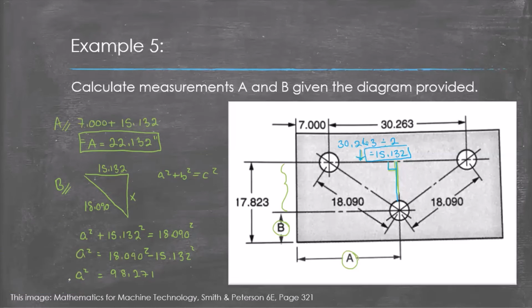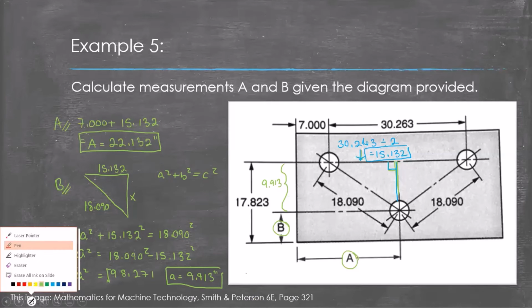And then we'll take our square root. And x is equal to 9.913 inches. Inches in gives us inches out. So this height we can say is 9.913. Well, now we can calculate B. In order to calculate B, I'm just going to write it here on the diagram.